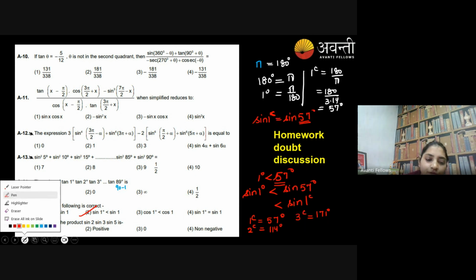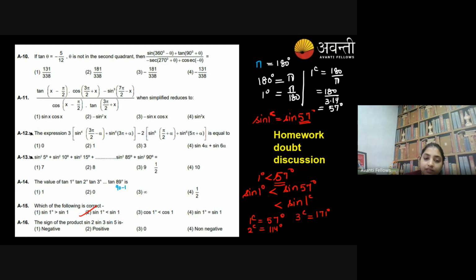So how many of you know that sine is positive in the first and second quadrant? Just raise your hands. Okay, so sine 2 is positive, sine 3 is positive, but sine 5 means you're talking about 200 something, and in that quadrant, sine is negative.